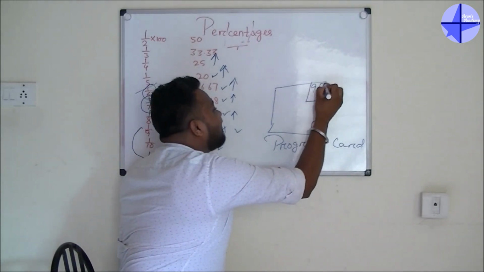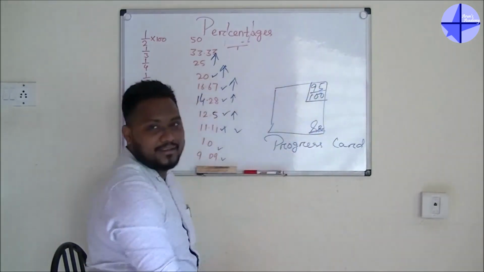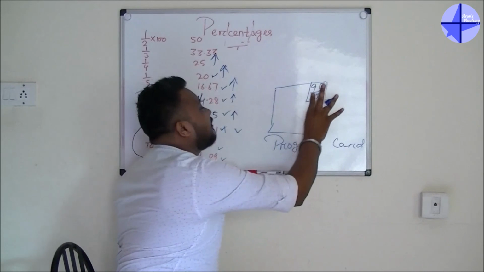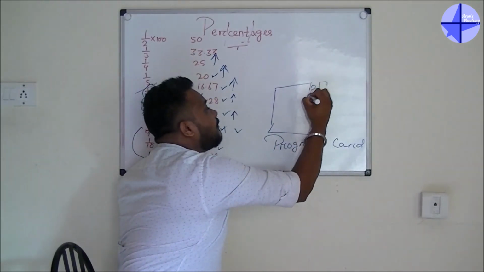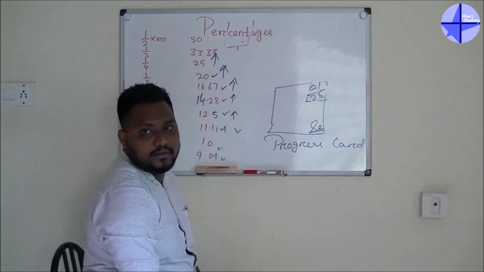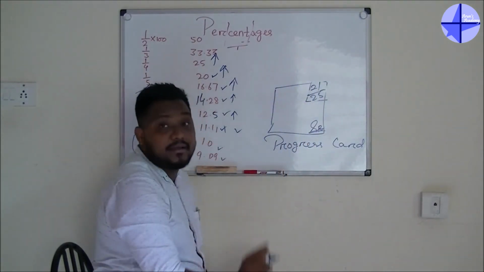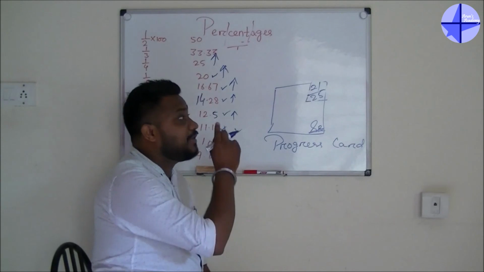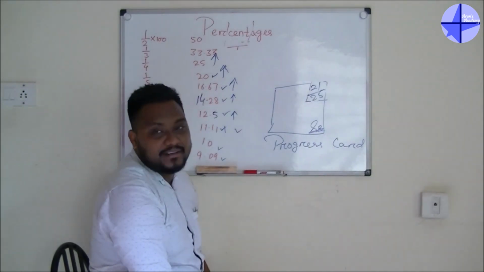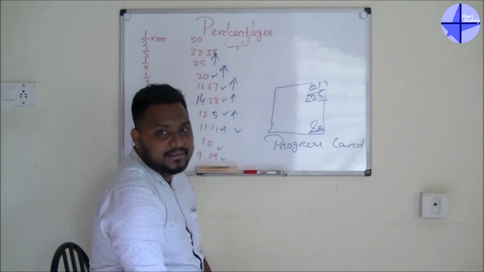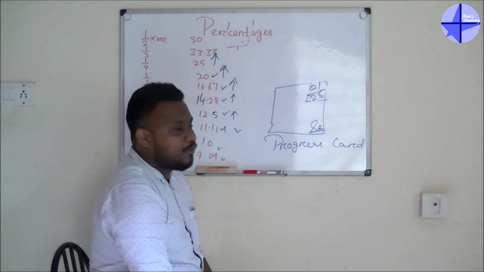So 95 divided by 100. Or else it is given as 21 divided by 25. What does that mean? It means the total score is 25 and your score is 21. How to find the percentage? There is nothing to find. What are you calculating?